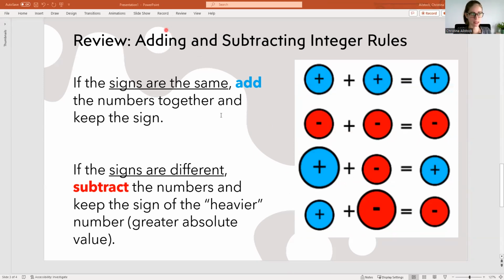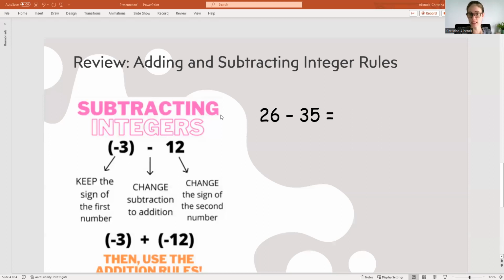And then lastly, when it comes to subtracting integers, the way that I recommend is to rewrite the subtraction problem as addition, and then you can just follow those adding rules. So subtraction is the same thing as adding the opposite.